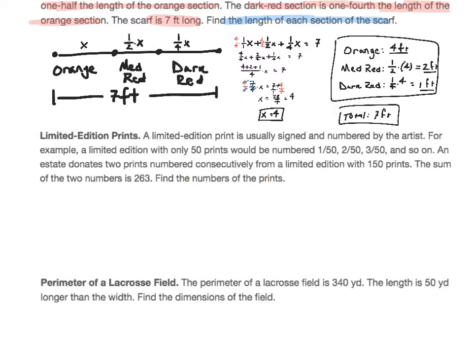All this information up here is important, but what I want to put down is this: an estate donates 2 prints numbered consecutively from a limited edition with 150 prints. The sum of the 2 prints is 263. And the question is just to find the numbers of the prints.